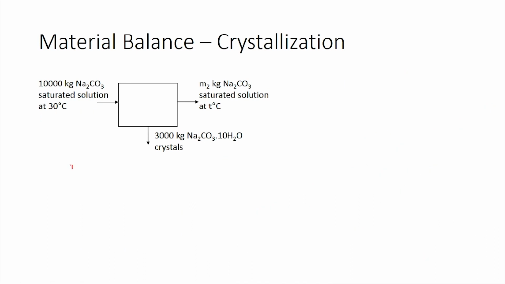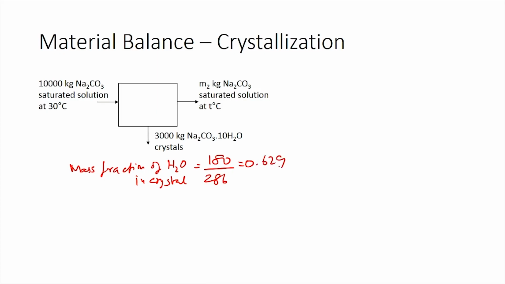Similarly, the mass fraction of water in the crystals would be 180 divided by 286, or 1 minus 0.371, giving you a value of 0.629.